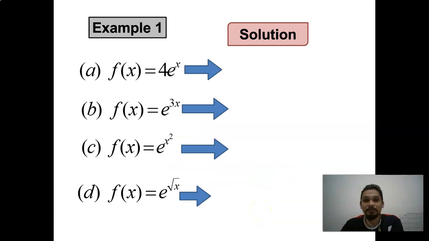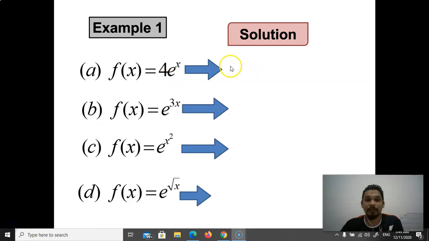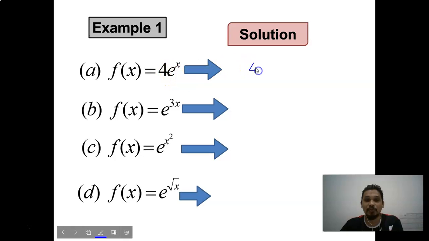Okay, now let's take a look at this one here. For 4e to the power of x, differentiate 4 times e to the power of x, which equals 4e to the power of x. Now, the next one here, f(x) equals e to the power of 3x.